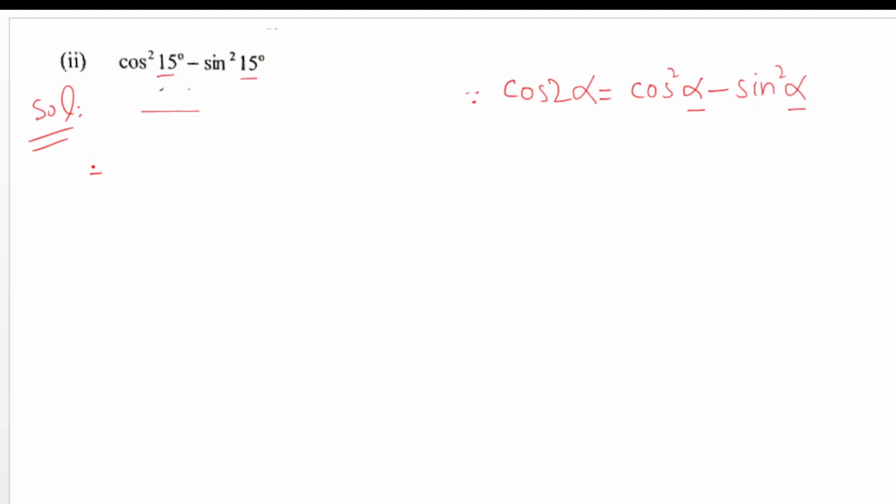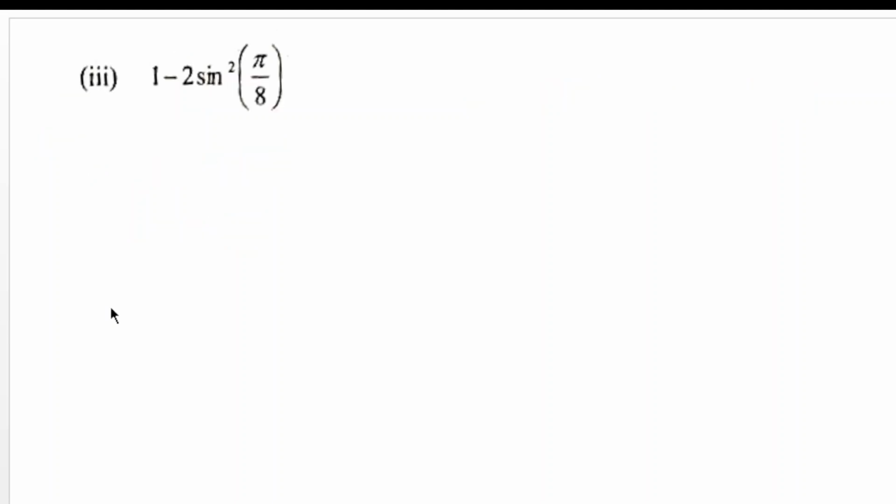Cos 2, where alpha or theta is 15 degree, so that's going to be cos 30 degree. I hope you understand this question. Let's move toward the next part, the third part.